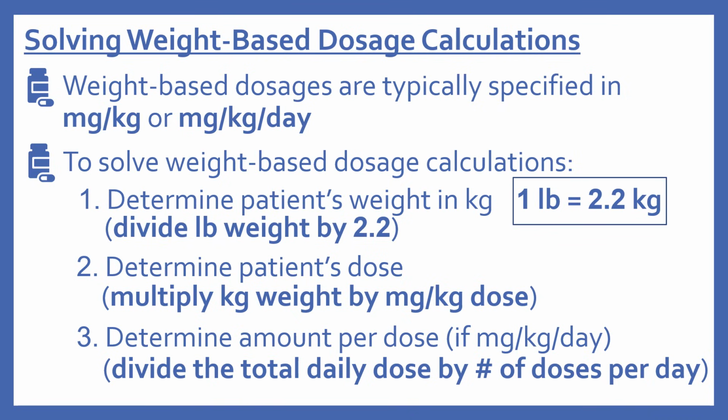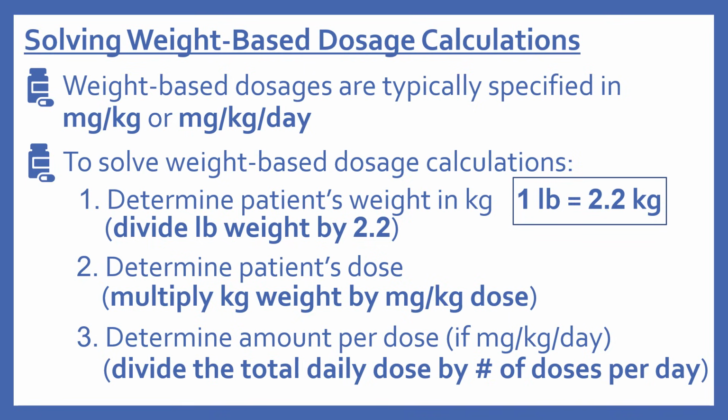So first, weight-based dosages are typically specified in milligrams per kilogram or milligrams per kilogram per day. To solve weight-based dosage calculations, first you want to determine the patient's weight in kilograms. Our conversion equivalent for this is 1 pound equals 2.2 kilograms. So basically, we'll divide the pound weight by 2.2.